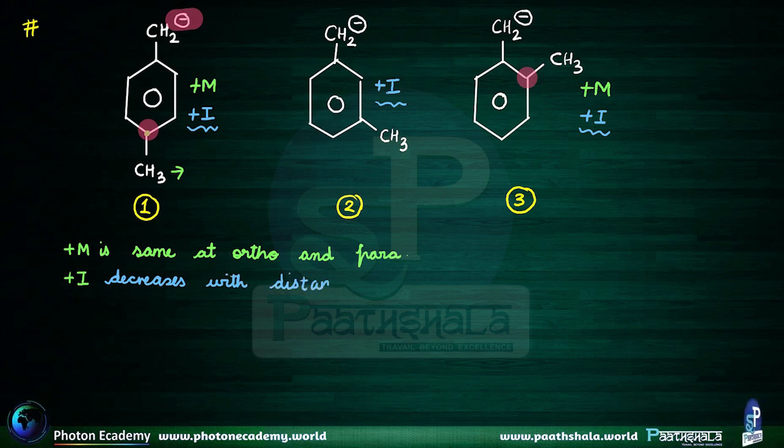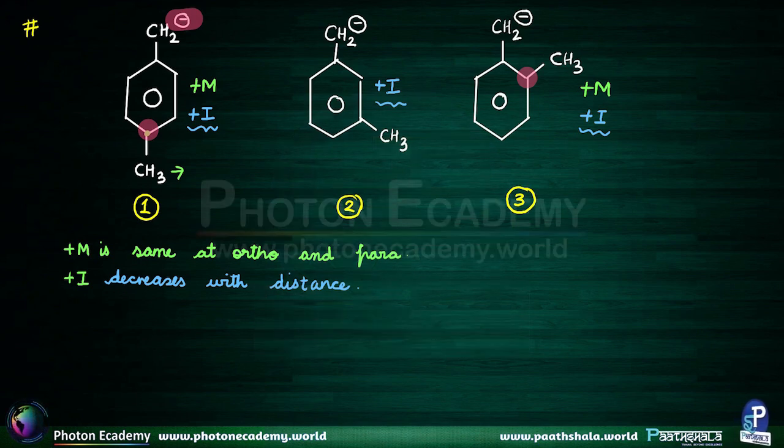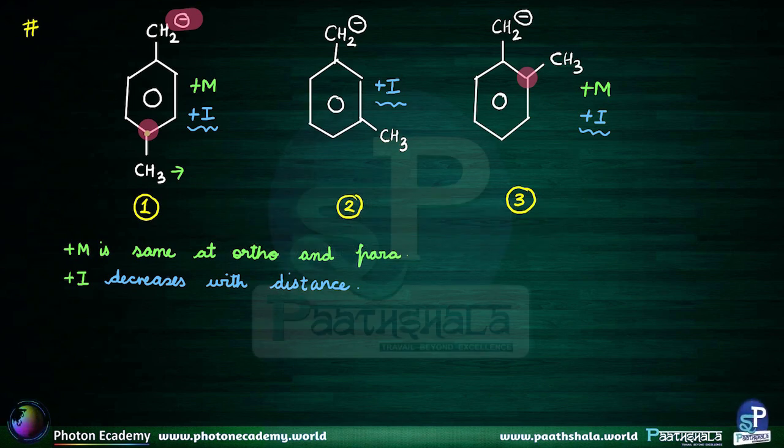So what I'm going to do is give them numbers that highlight the amount of electron donation that they are actually contributing to the particular species. In the first and the third case, I have got plus M to the same extent.